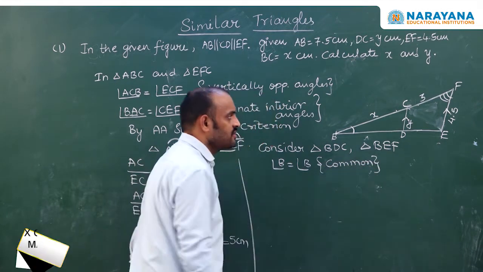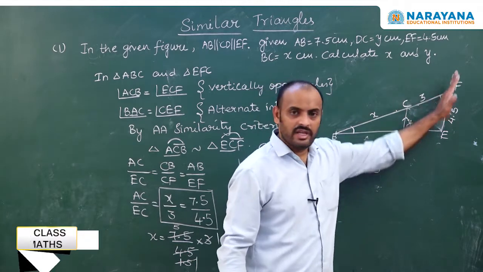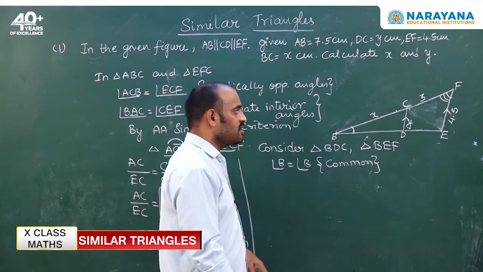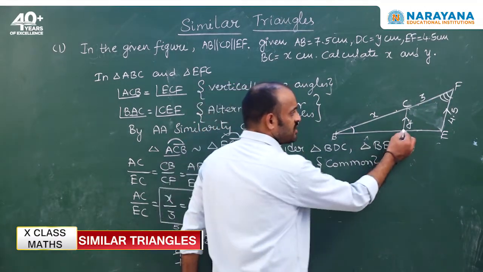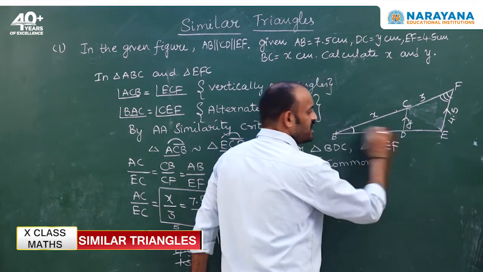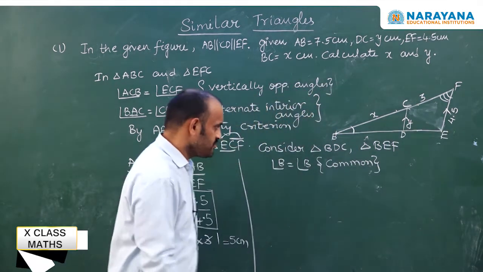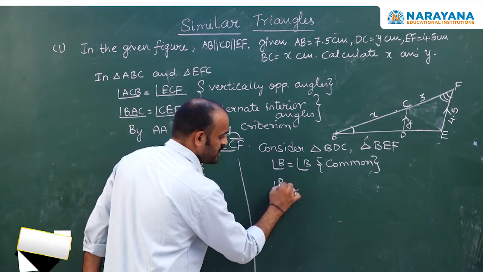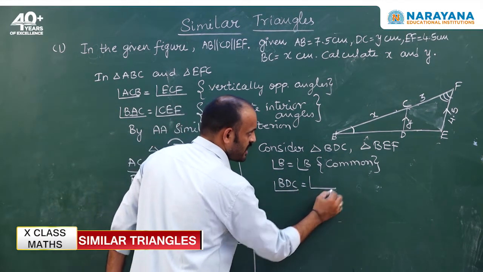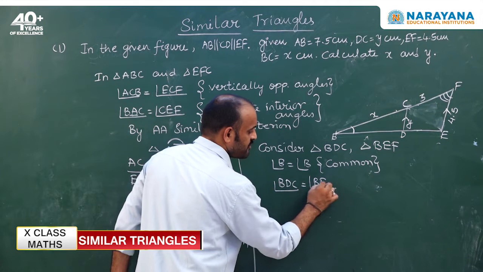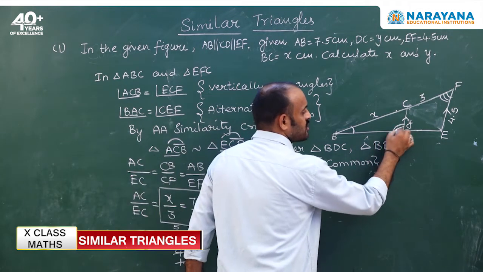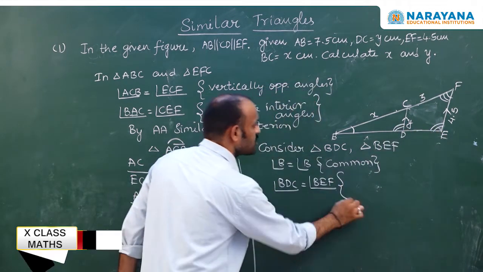And if you observe, CD is parallel to EF. Obviously, BE acts as transversal. Angle BDC is equal to angle BEF. Reason?